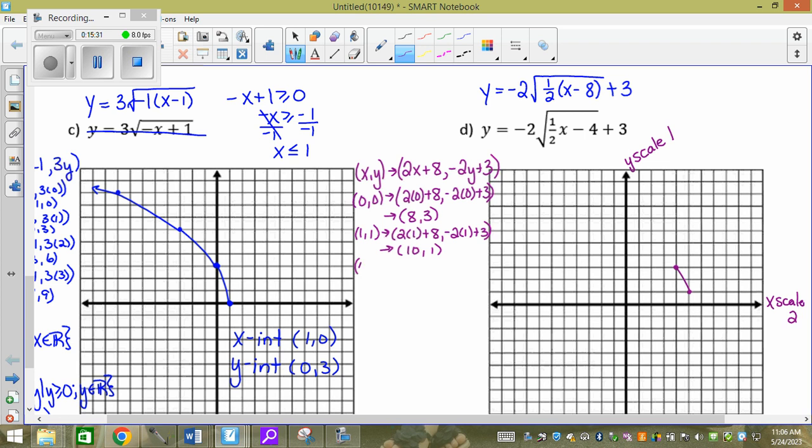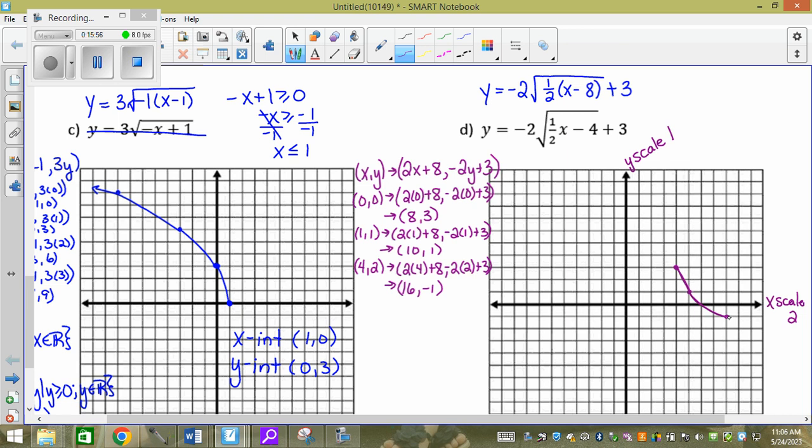And then I have 4, 2 becomes 2 times 4 plus 8, comma, negative 2 times 2 plus 3. So now I'm at 16, comma, negative 1. 2, 4, 6, 8, 10, 12, 14, 16, negative 1.